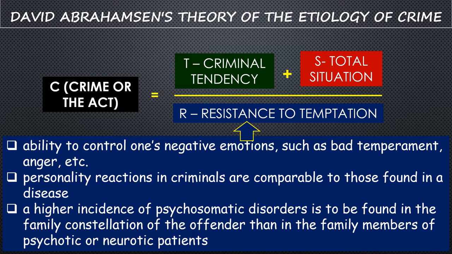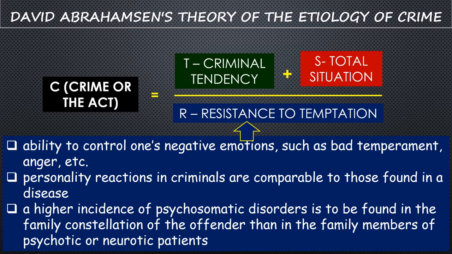Well, obviously you will have a high body temperature, fever, flu, coughing, and pneumonia. Those are the manifestations. So Abrahamsen is comparing that psychological disease or our personality reactions to a disease, that there is a manifestation, there is a symptom of that.